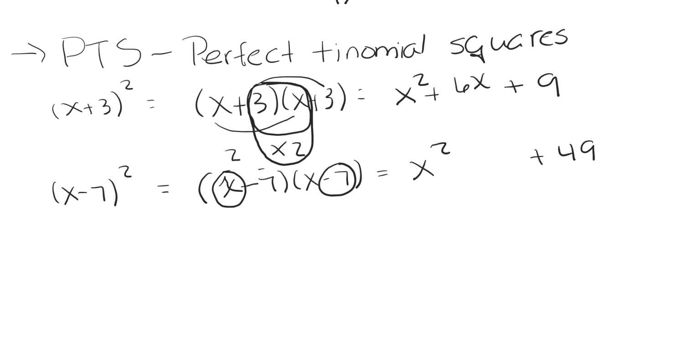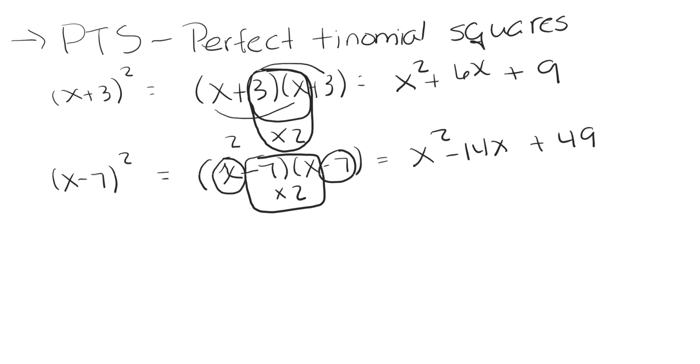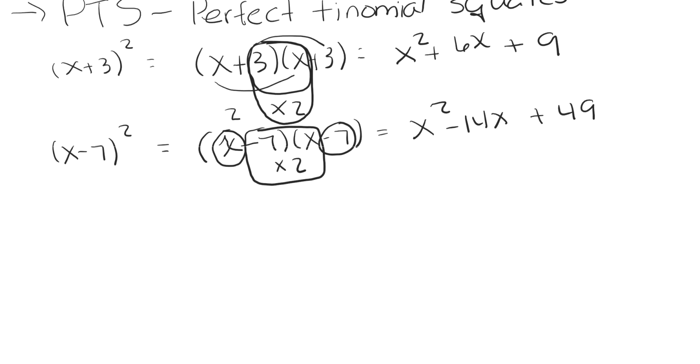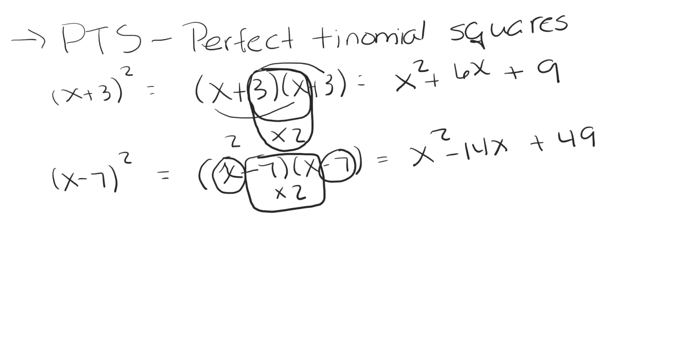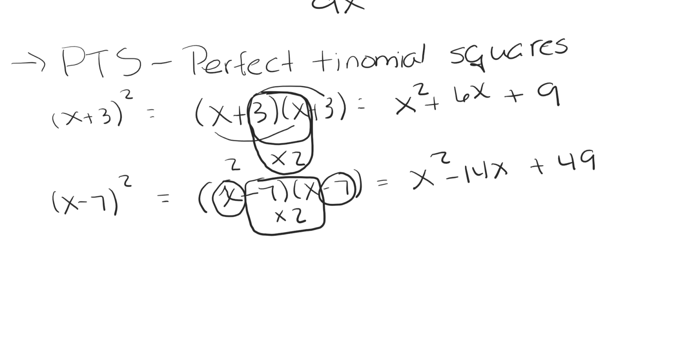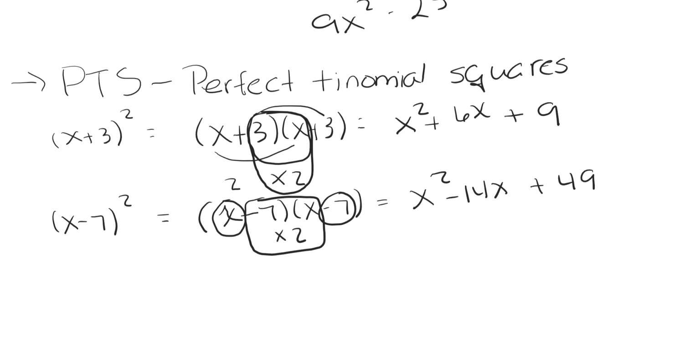And the middle term is negative 7 times x times 2. Okay, that's called perfect trinomial squares. So, I want you to think about something, and I'll go more into this, but what is the difference between perfect trinomial squares and difference of two squares?